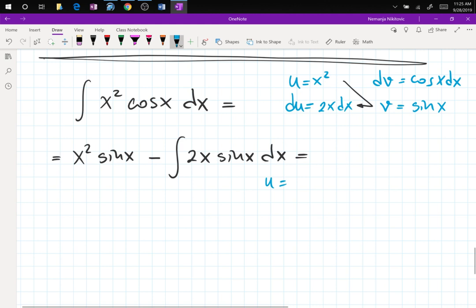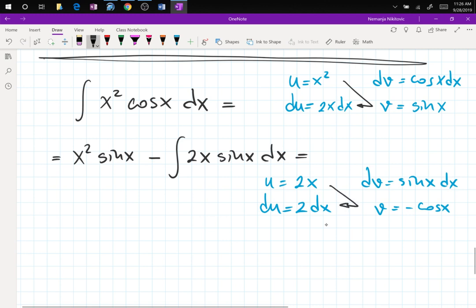Everything is still in terms of x's, right? So u equals, in this case, 2x, and then dv is sine x dx. du is going to be 2dx, and v is negative cosine x. So now we are going to do the arrow here, and here we go.